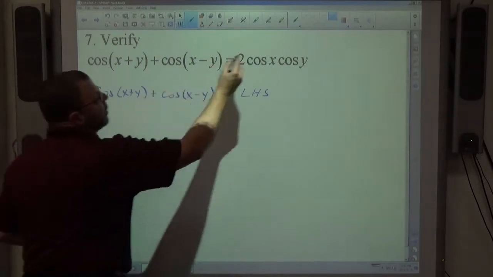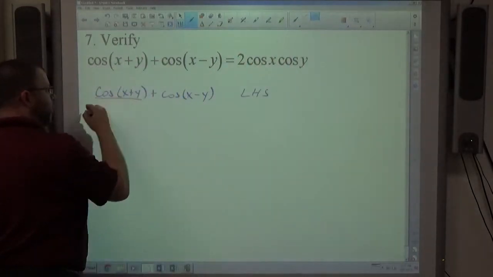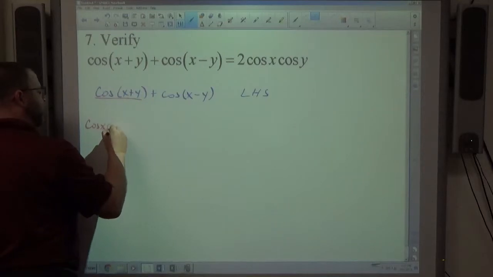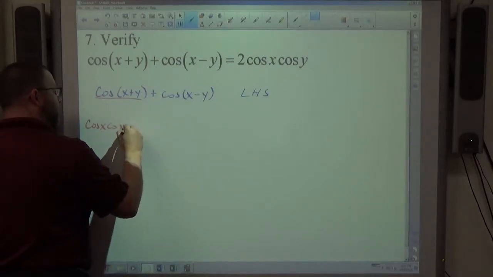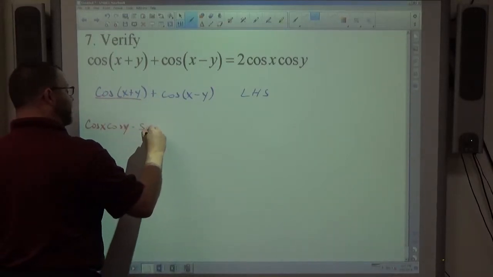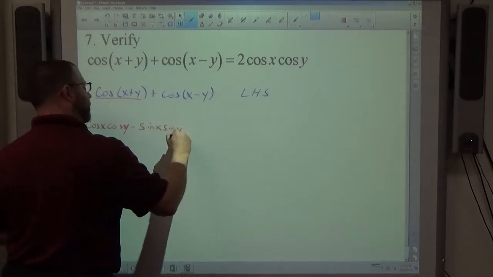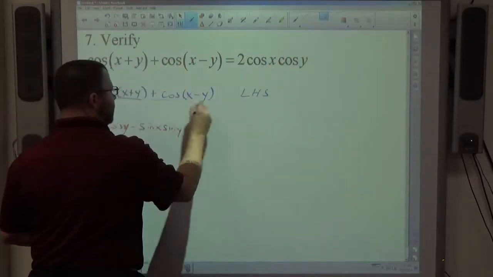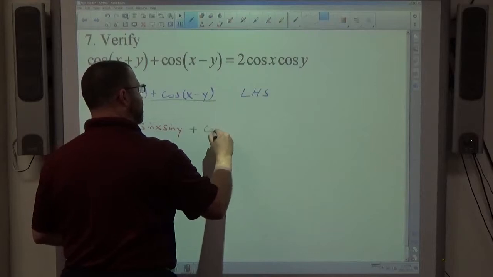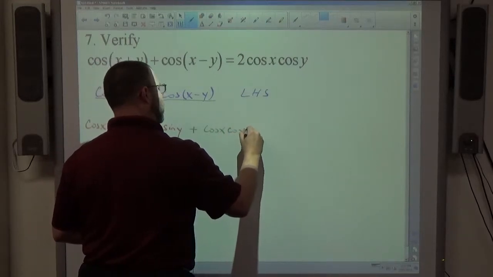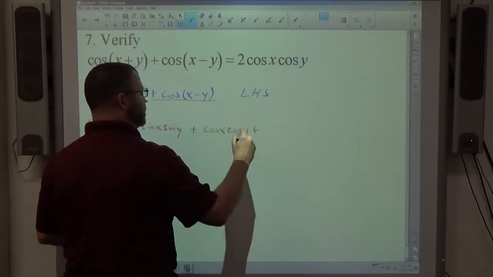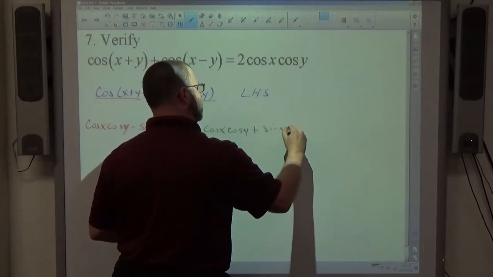So I'm going to change this into the cosine of a sum, so it'll be cosine of x cosine of y minus sine of x sine of y. And I'm going to change this into cosine of x cosine of y plus sine of x sine of y.